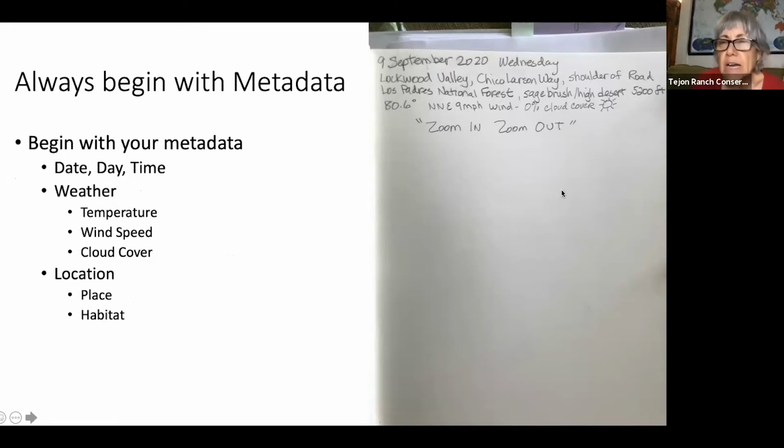So when you look at my journal page, you'll notice that I wrote that it was in Lockwood Valley, and specifically within Lockwood Valley, it was on a road called Chico Larson Way. And on that road, I was on the shoulder of the road to study an ant nest. And that entire place is in the Los Padres National Forest. And it is a sagebrush high desert habitat. And I included the elevation as well.